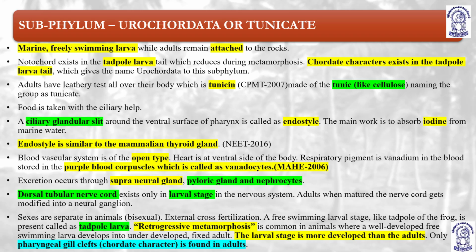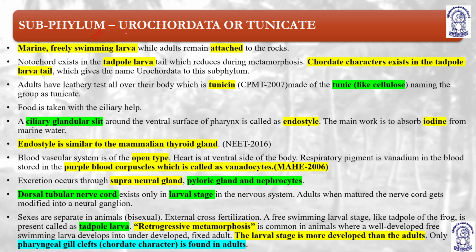So in Acraniata or the protochordates, we got to know about the lower chordates. We have learned about the features. Those protochordates are further divided into two subphylums, and we are talking about the very first subphylum, that is Urochordata. So we have two subphylums over here.